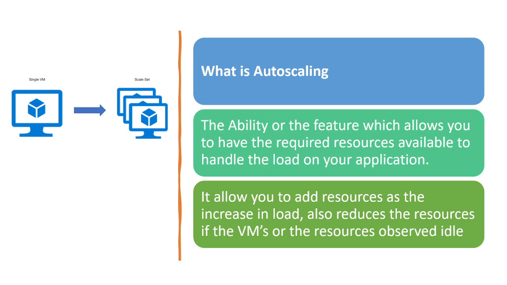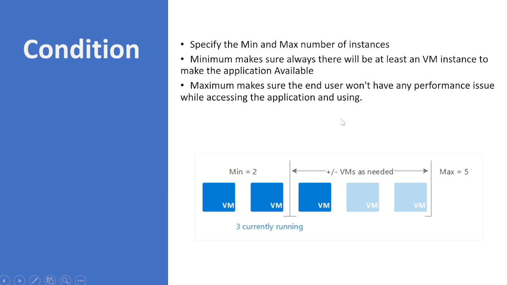Okay, if I move on to the next slide, I talk about the conditions. I told you, you can define the condition. You can specify the minimum and maximum number of instances. Say for example, you know that regularly around 10,000 users access an application. Maybe on a Big Billion Day, it may go to lakhs of users.